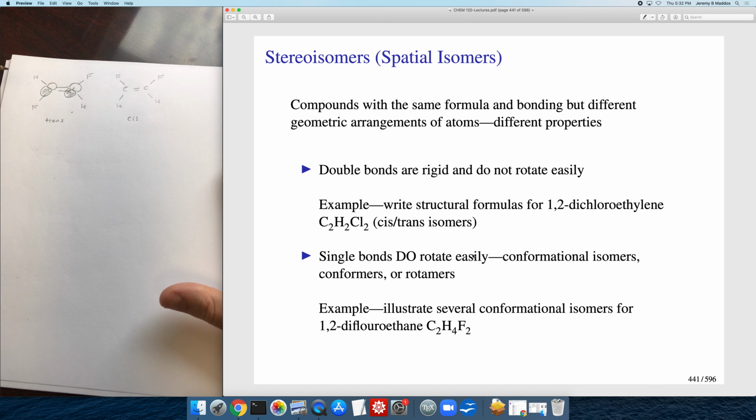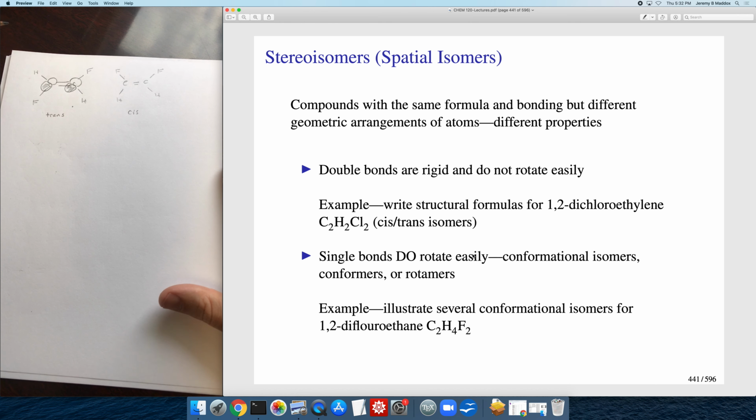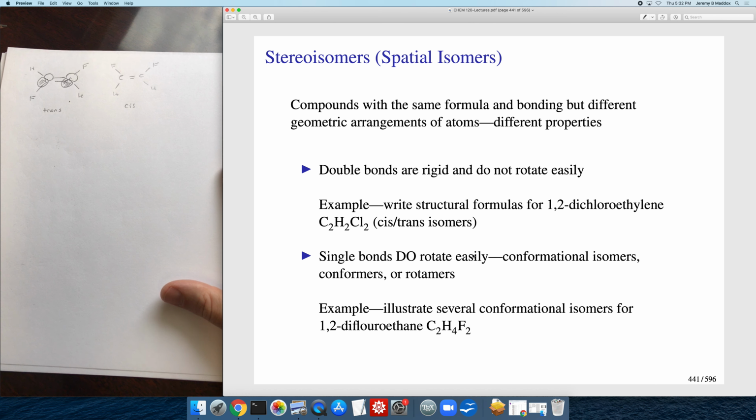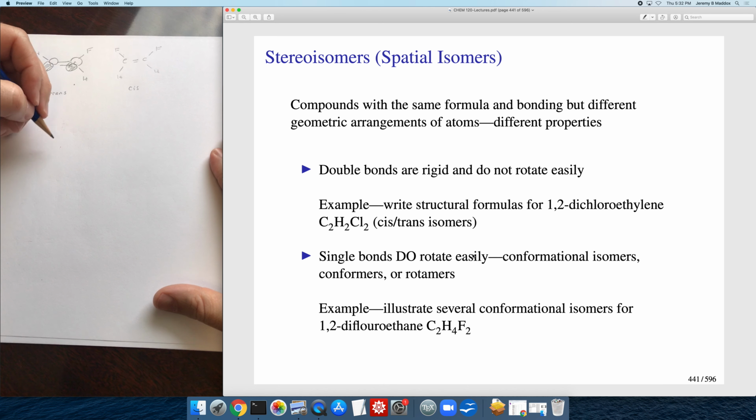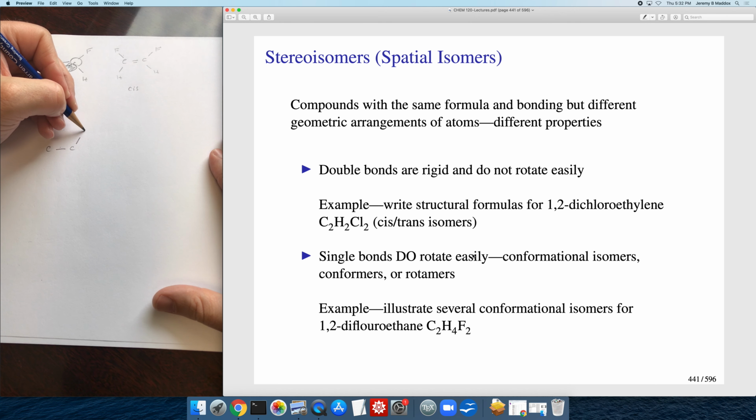Single bonds, on the other hand, they do rotate fairly easily. And so if we look at a different compound, 1,2-difluoroethane, that compound, I'm going to draw like this. We'll draw the fluorines like so.